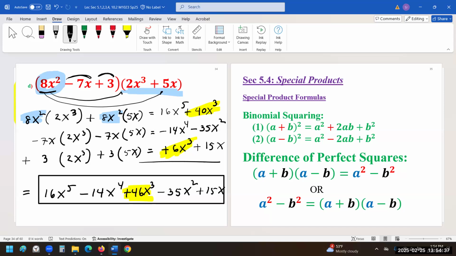If you multiply the exact same binomial twice, you don't have to distribute and FOIL them out. The result will be the first term squared plus the second term squared plus something extra, and that extra is twice their product.